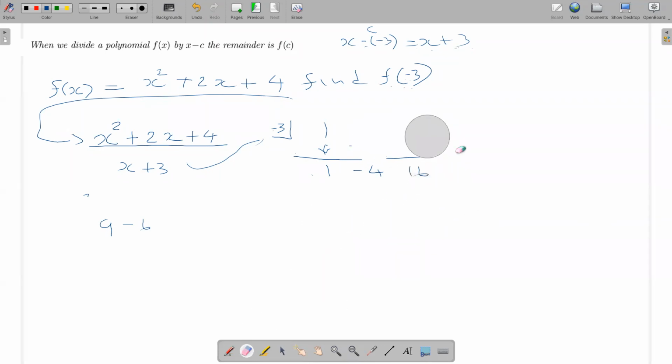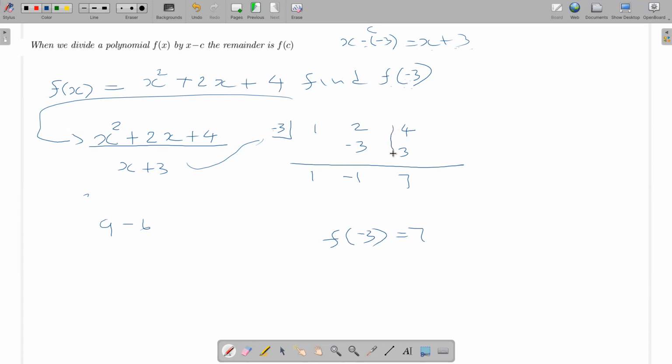So this one should be 1, 2, 4. Multiply by this, I get minus 3, add, minus 1, multiply, 3, and I get 7. So f of minus 3 is 7, the remainder.